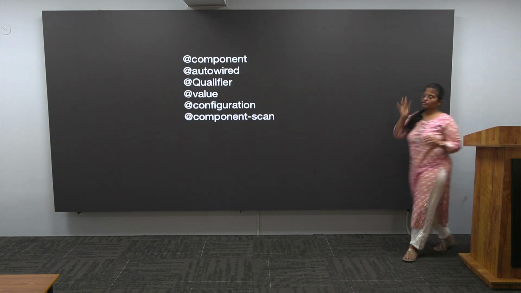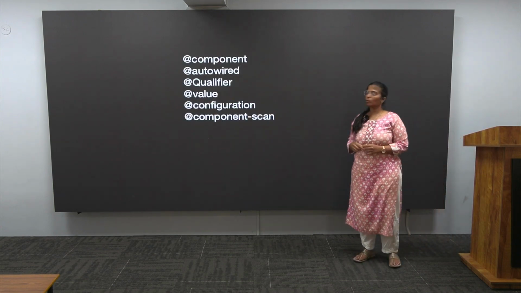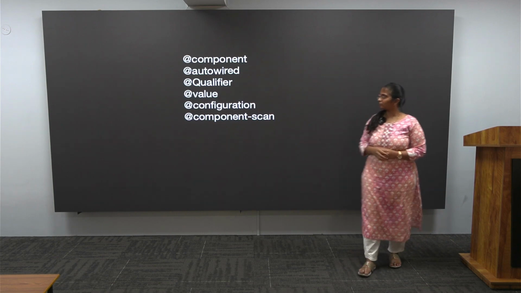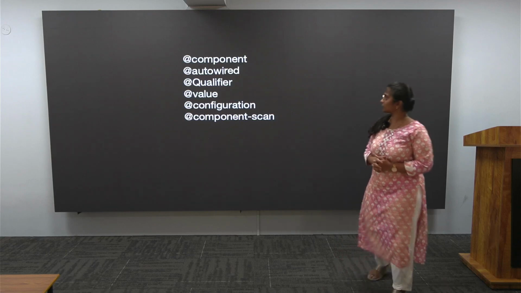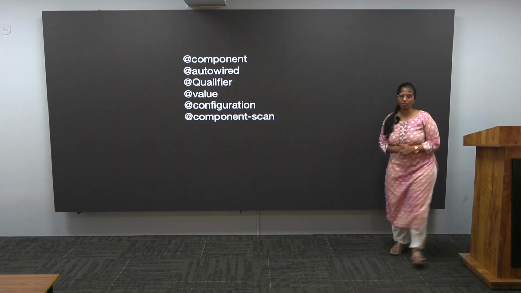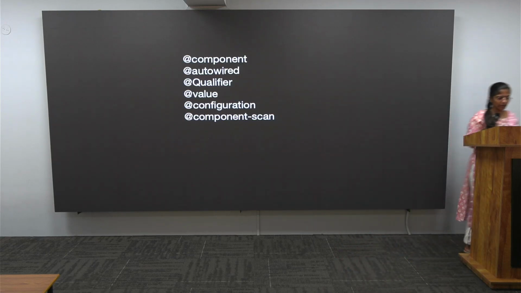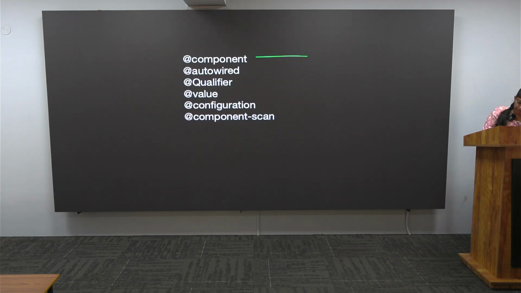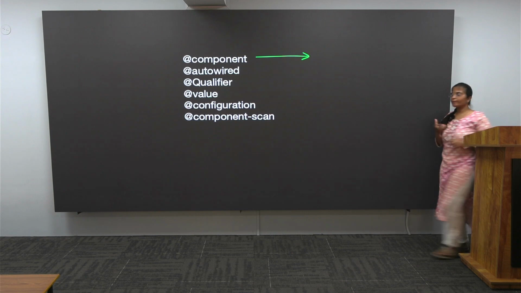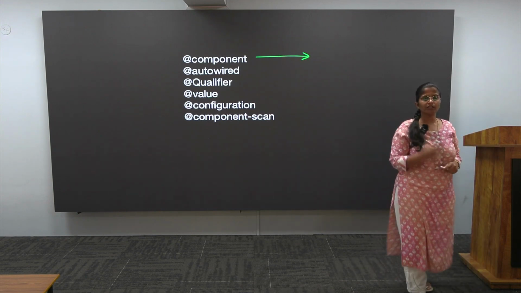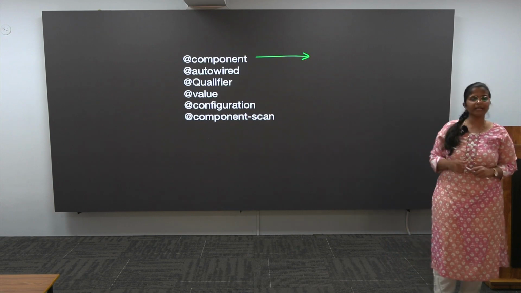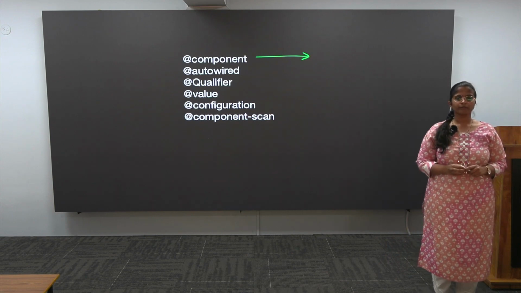These are the annotations which you will make use of whenever you are working with Spring. The first annotation I have made use of is @Component. If I want to create a bean of any particular class, what will you write?